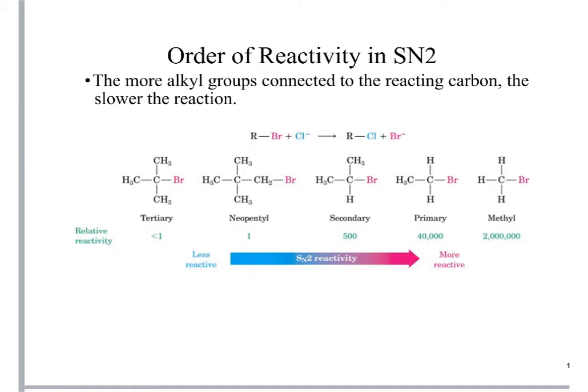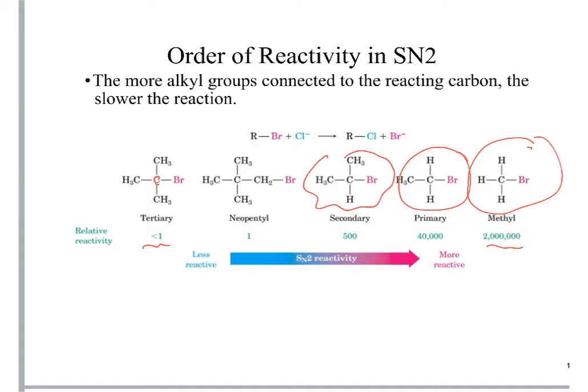So the order of reactivity in SN2 reaction with respect to the nature of the substitution at the reacting center increases from tertiary, which do not react via this mode, all the way to methyl. So notice the difference in the order of magnitude. Methyl bromide, followed by primary, followed by secondary.